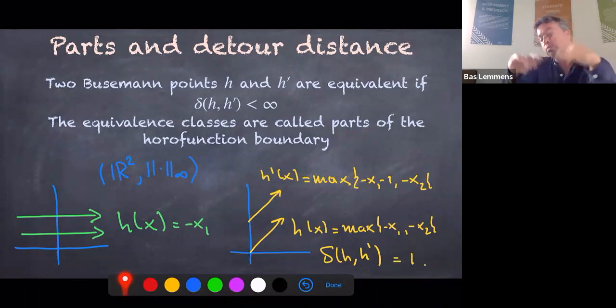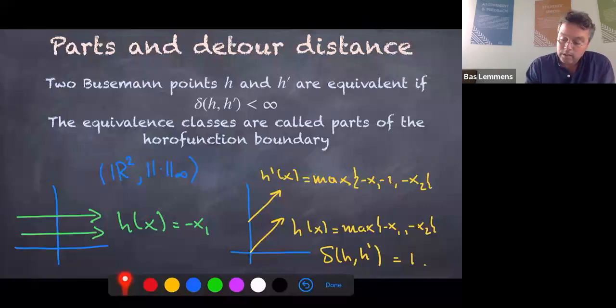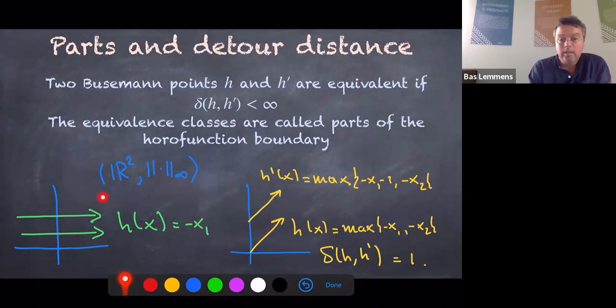So the Busemann points have a natural partitioning into parts. In spaces where all horofunctions are Busemann, the whole horofunction boundary is partitioned into parts. So let's take the plane with the maximum norm here.